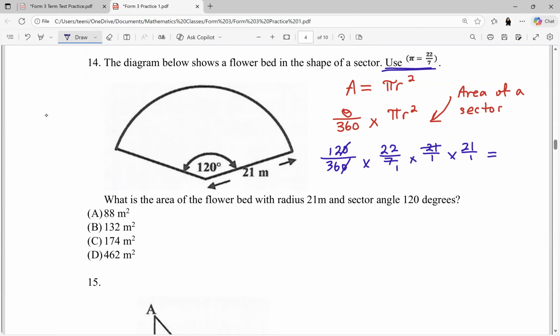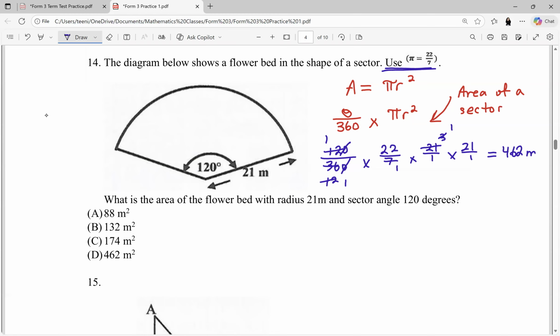You could say 3 into 3 is 1, and 3 into 36 is 12. And then 12 into 12 is 1, 12 into 12 is 1. So the answer will be 22 times 21. Check that on your calculator, 22 times 21. The answer is 462 square meters.